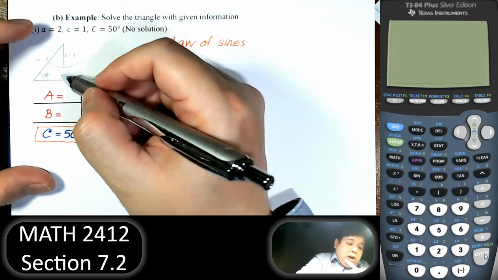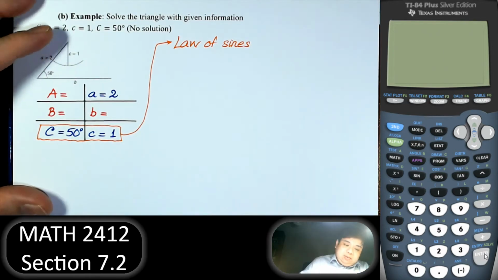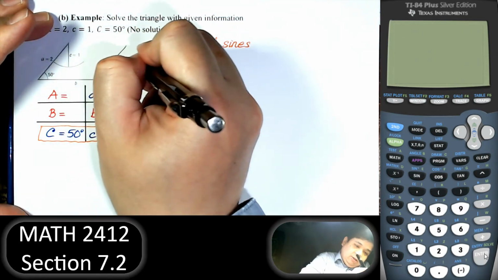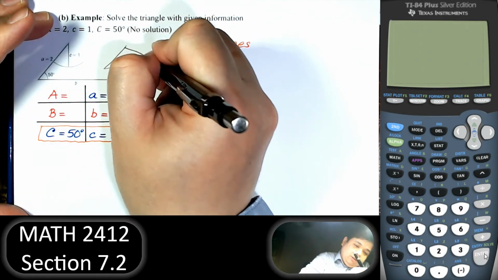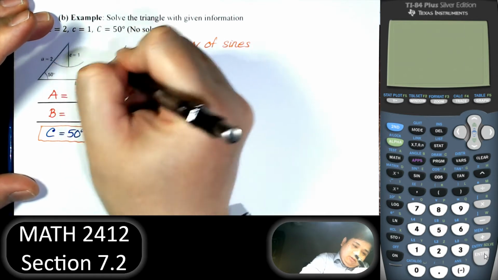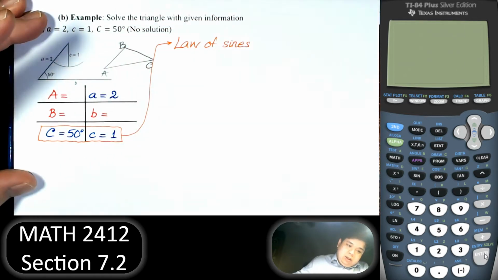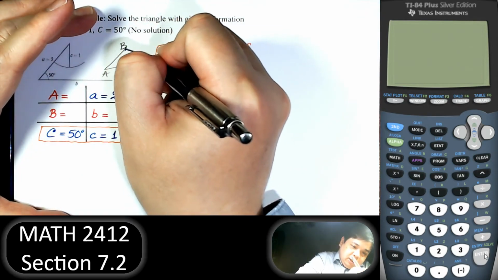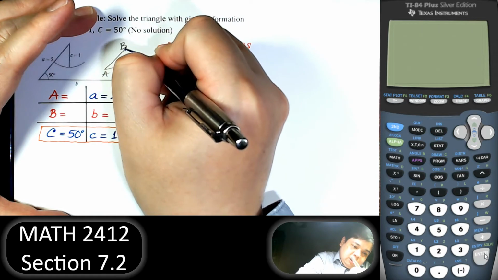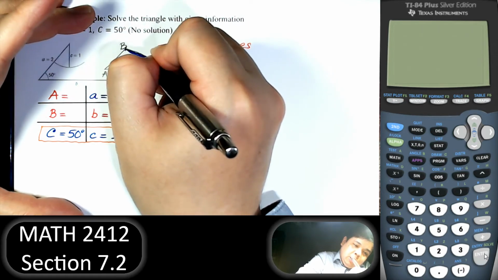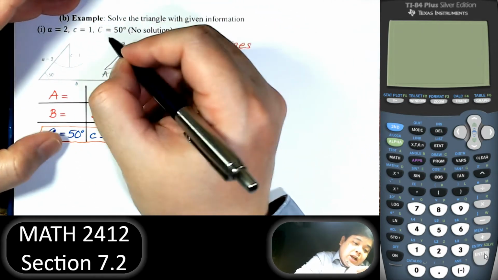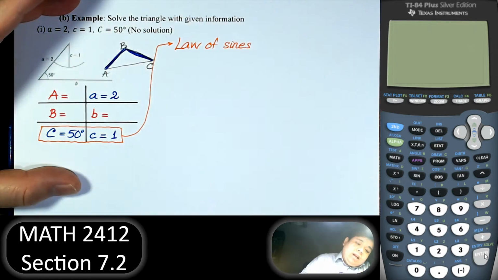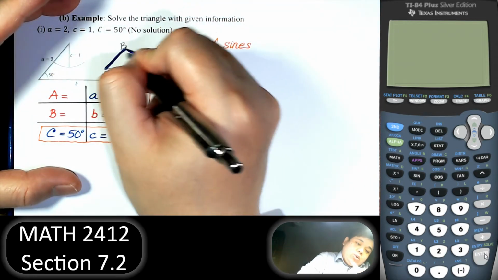But also, if we draw it out, in this case, we have side a opposite to A, we have side c opposite to C, and the angle C is not in between those two sides.